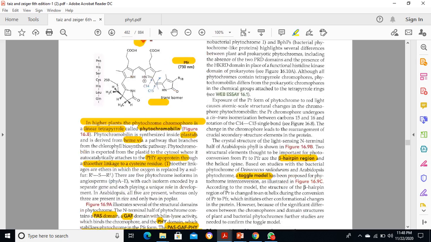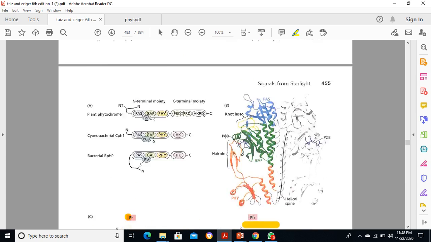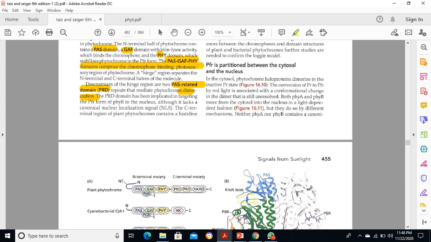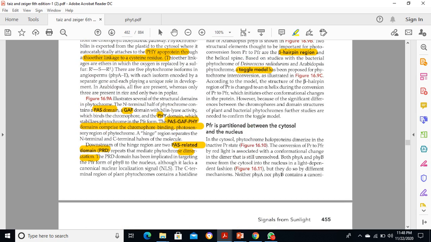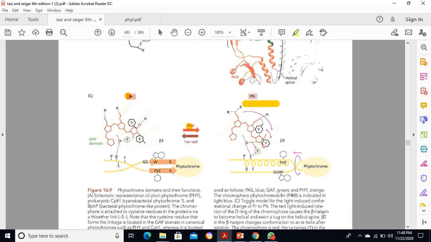This is one model, and the second model is the Tugel model. This is the Tugel model. So in the Tugel model, they are saying that when PR absorbs red light, it is converted to PFR form. The PR exists in a beta hairpin ring.